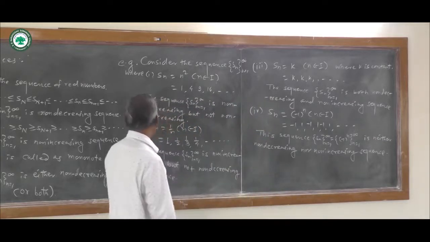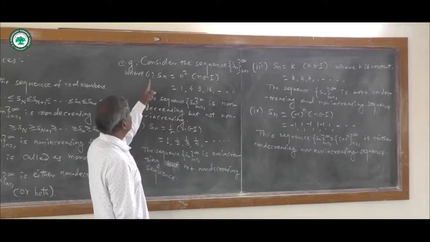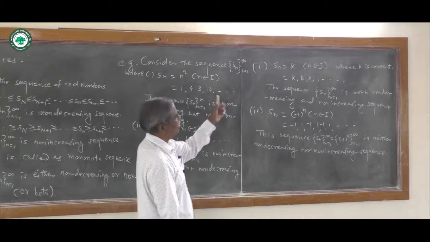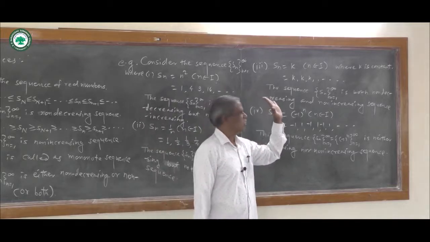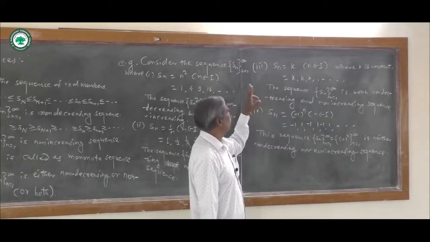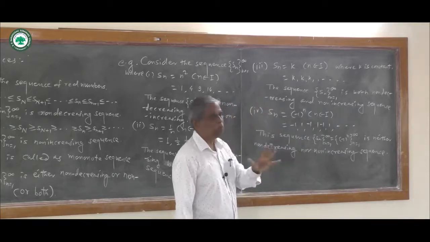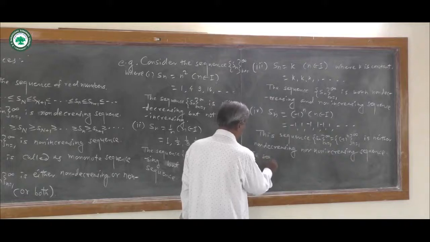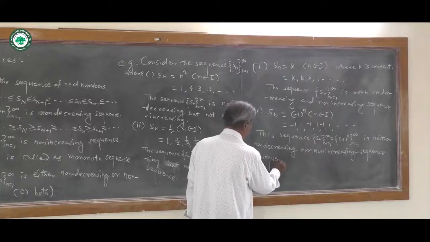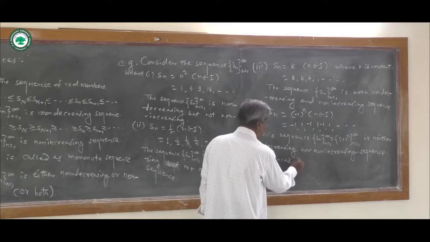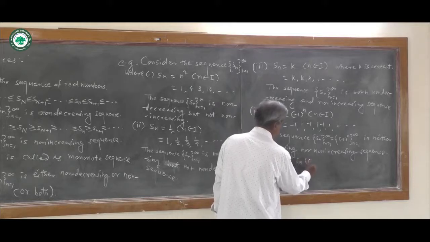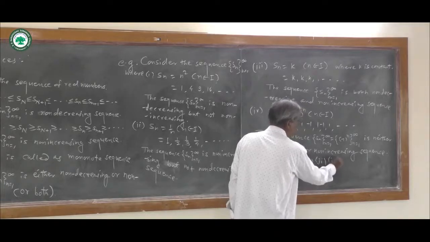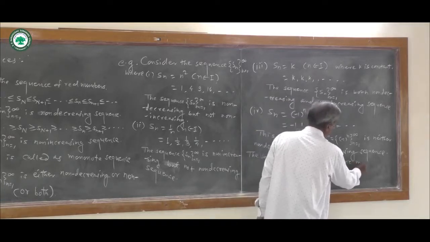In the examples above, that is, first S_n is equal to n square, S_n is equal to 1 upon n, S_n is equal to k, the sequences in 1, 2 and 3 are monotonic sequences. The sequences in first, second, third are monotonic sequences.